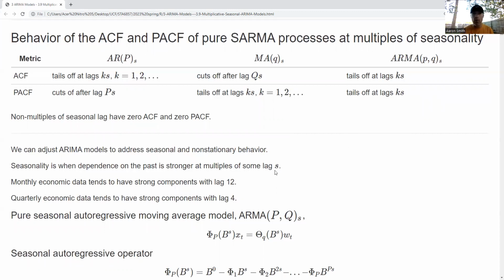A good example of this would be 12 if I have monthly data and there is a yearly aspect to it. Monthly economic data tends to have components with a lag 12, while quarterly economic data tends to have a strong component of lag 4.